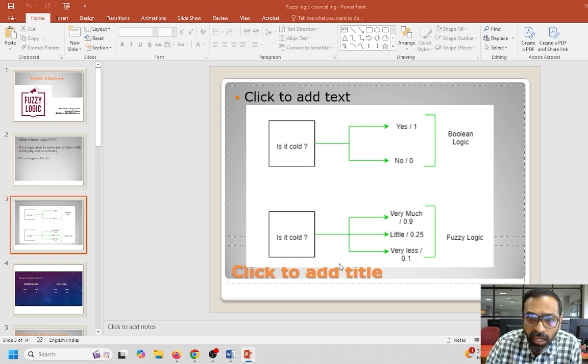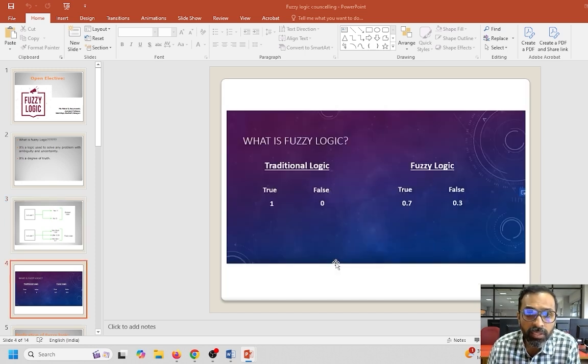In the other example, height: a person above 6 feet we will say is tall, but at 5'11" we can say he is slightly tall, moderately tall. Around 5'10", we can say slightly tall. So there is a degree of truth in everything. In order to find the results for a complex system, we are using fuzzy logic.